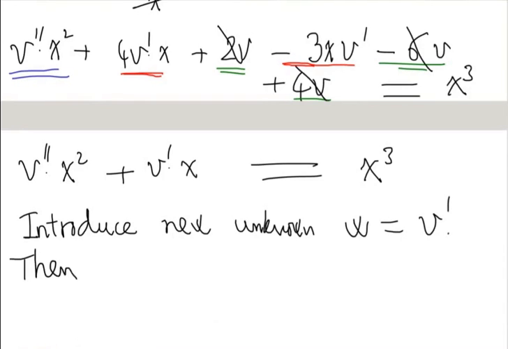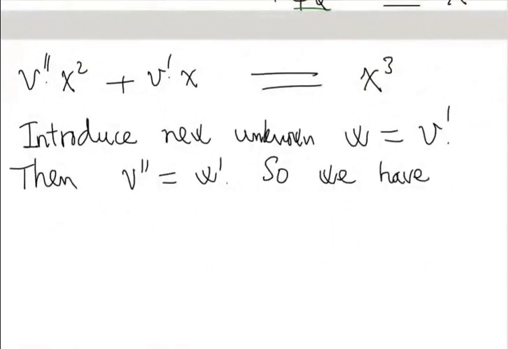Then the second derivative of v is just w prime, and so we have a new equation: w prime times x squared plus w times x equals x cubed.